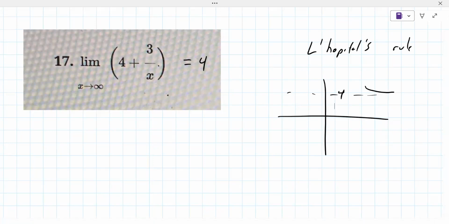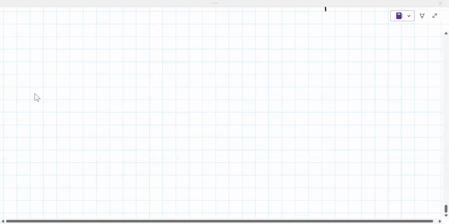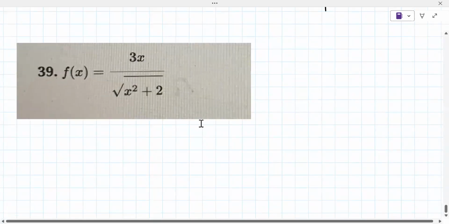What's next on your list? 39. Okay, finding horizontal asymptotes using technology. Well, you would not use, I mean, oh, using tech, a graph. Oh, never mind then.